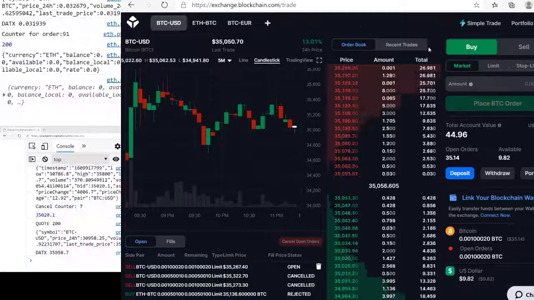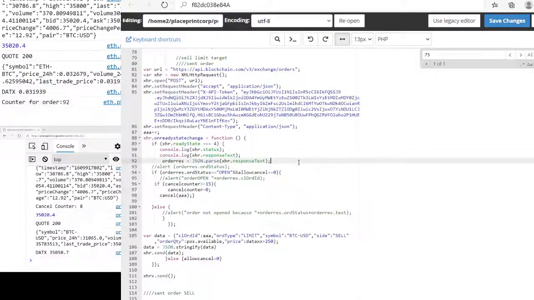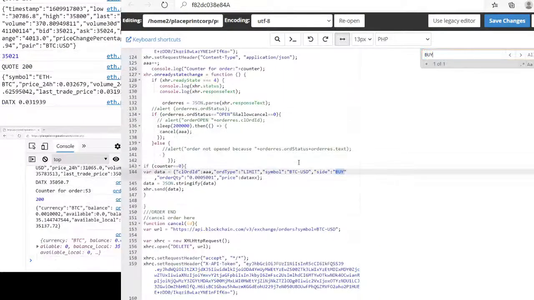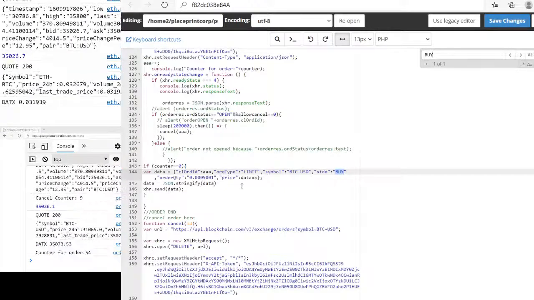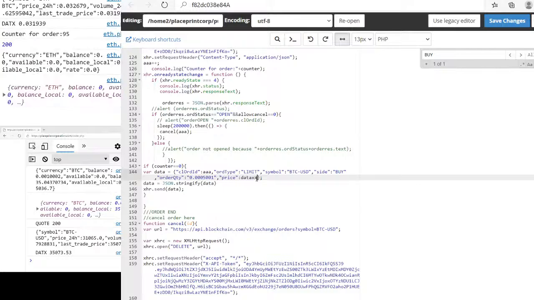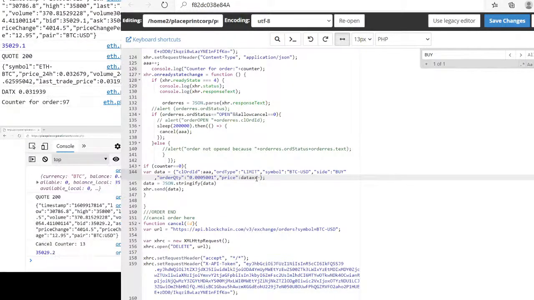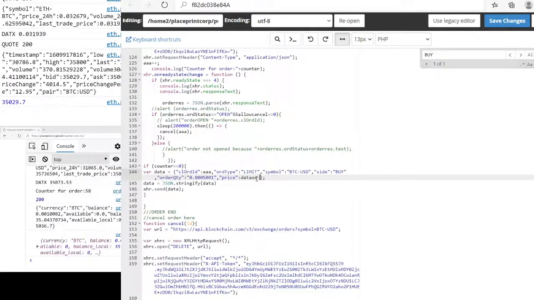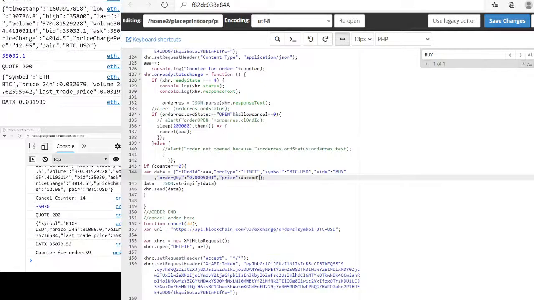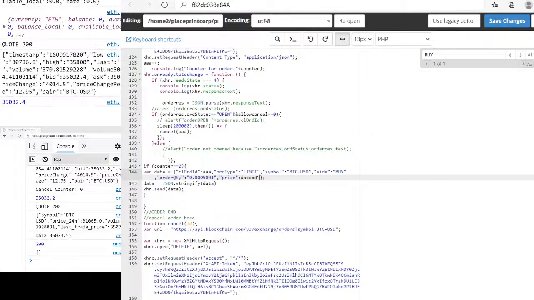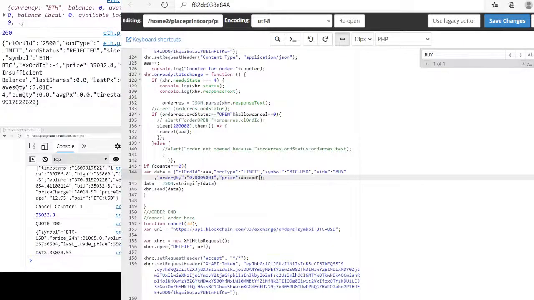In the order to buy, I'm going to do something a little different here. I'm going to do data XX with bid minus maybe bid minus 75.